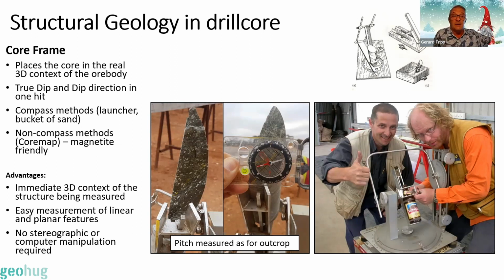That might get in by next week or in the afternoon, whatever. Then the next day you've got to try and think back to what you were doing and understand those orientations. So certainly for the kind of work I do, this is my preferred method of dealing with structure in drill core. Measure it, plot it.